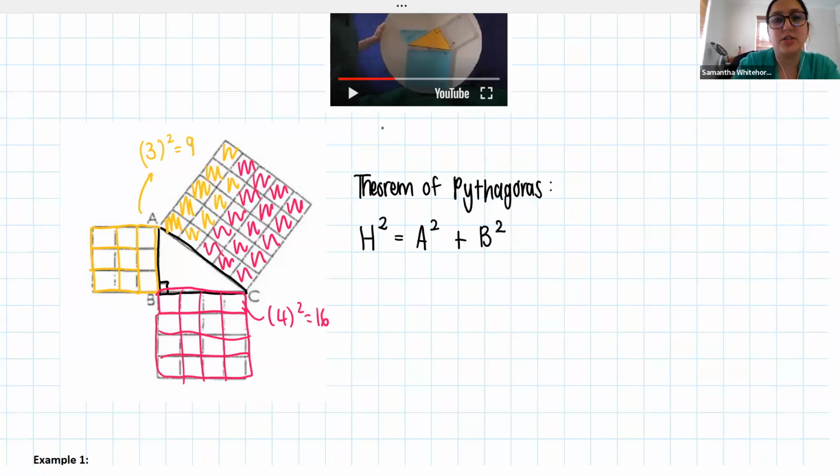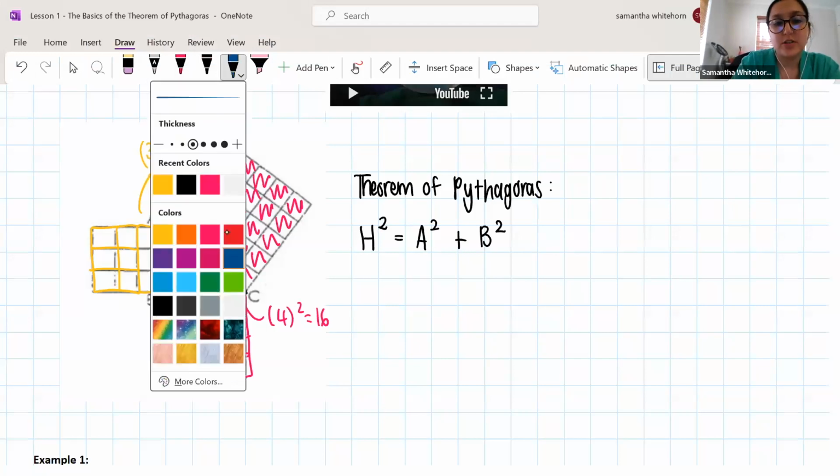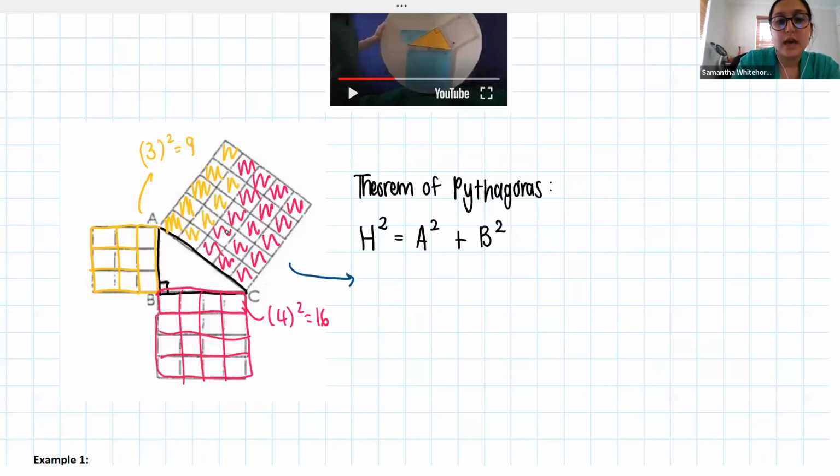Okay, so if we relate it to this specific triangle over here, our hypotenuse is always the side opposite our right angle. So AC squared is equal to our 2 other sides squared. So AB squared plus BC squared.